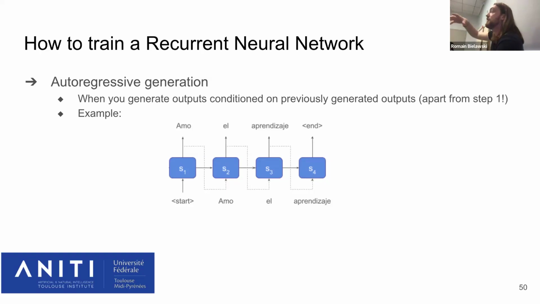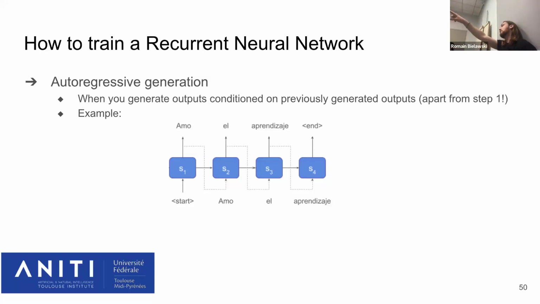So you have to tell your network to start. It hasn't generated any word yet. So the first word that you input to the network is a token that represents the starting point. And then it generates a first word. So the first word would be "amo". And then as it generated a word, you can input it to your network in order to generate the second word.